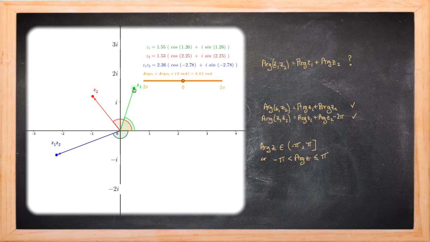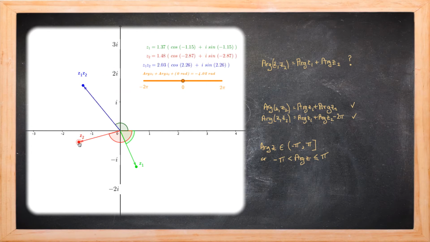Now that's not the only situation that might arise. Let's look at the mirror image situation, where we look at these two negative principal values and add them. We certainly don't get 2.35. When you add them, you get negative 3.93, and you'll notice that has gone below negative pi, of course 3.14 approximately.